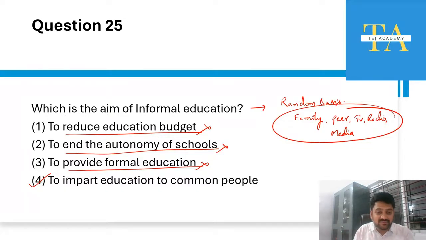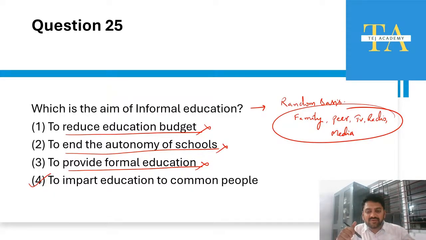Now you try to justify the fourth one. Varun, sir, explain option 2, end of the autonomy of school. See, school has its own power. I can say autonomy means power. It has its own power in the society, like conduction of the regular exams, certifying them. This is the autonomy given to the schools. Because of informal education, the student is not going to leave the school.